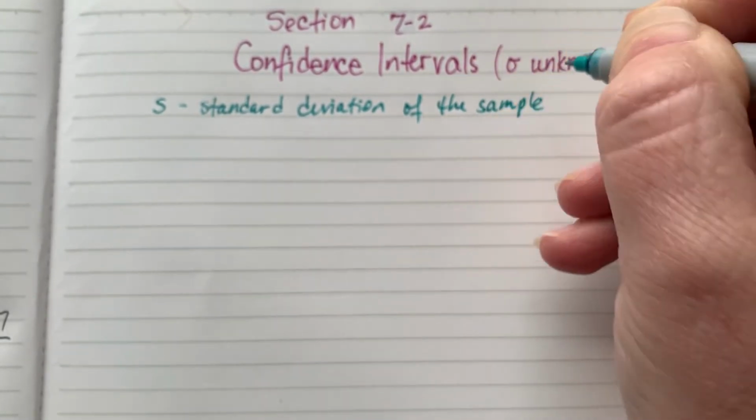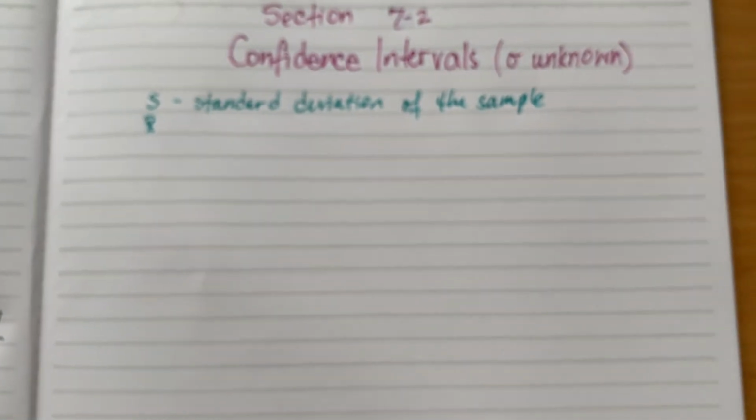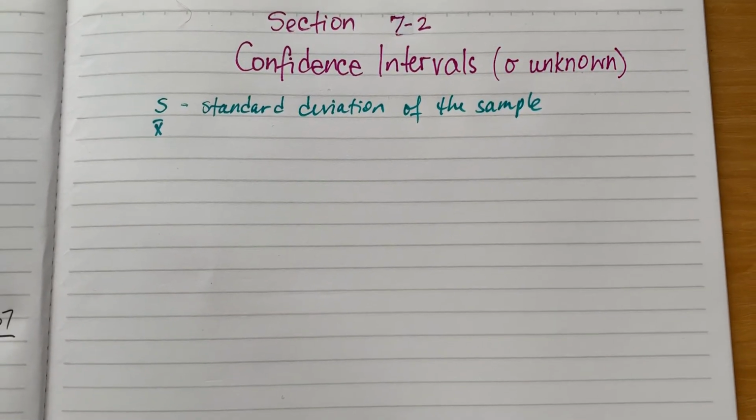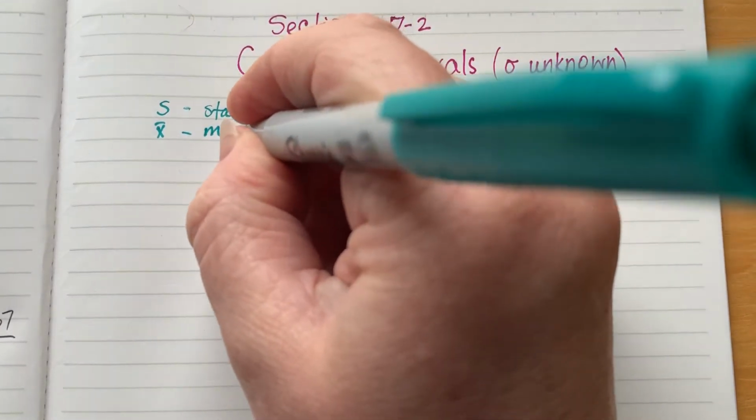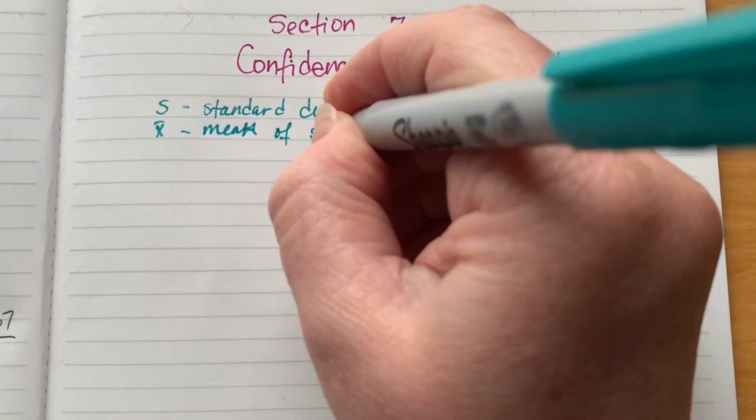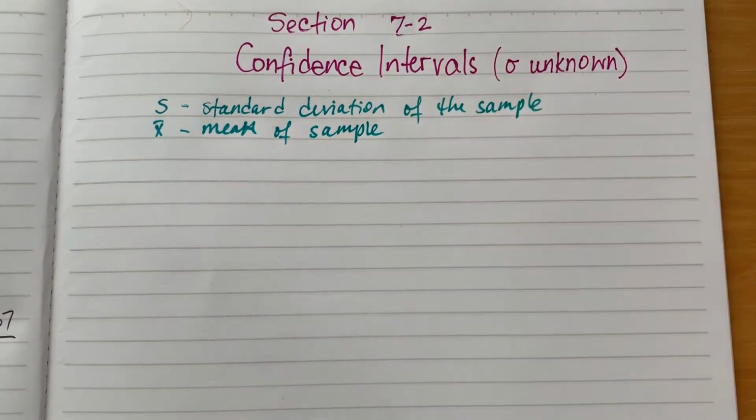And I'll remind you that X bar was the mean of that sample, the mean of the sample. So when we do not know sigma, we're going to use that S in place of sigma.